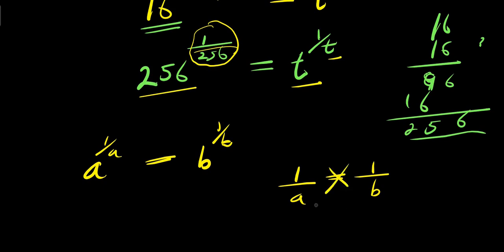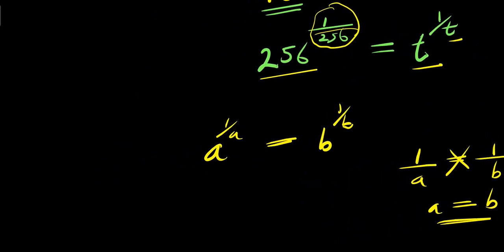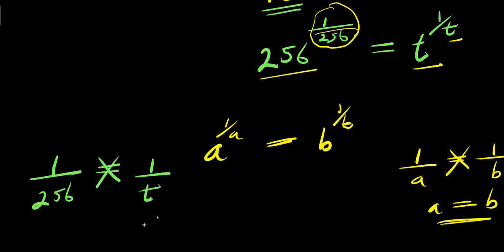You cross multiply, a equals b, right? So we do the same thing here. We are simply going to have 1 over 256 equals 1 over t. T times 1, that is t, equals 256 times 1, that is 256. So our value for t is 256.